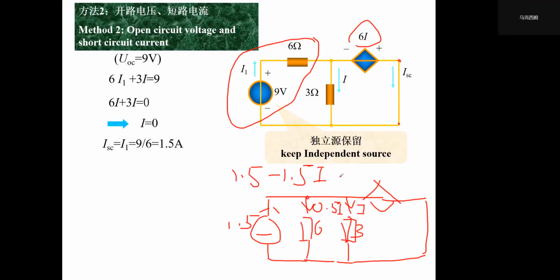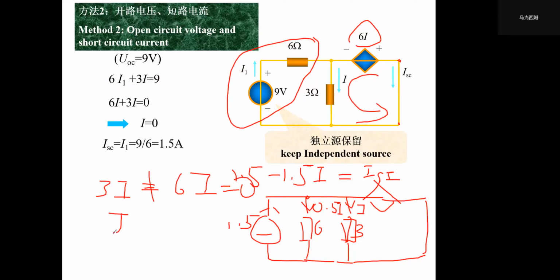And we also know that 3 times I equals 6I plus 6I is 0, right?